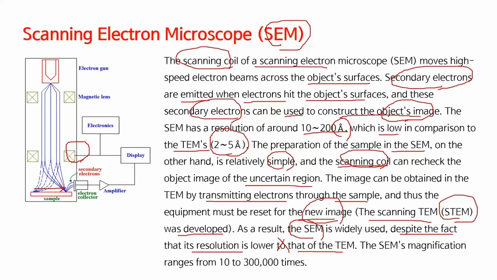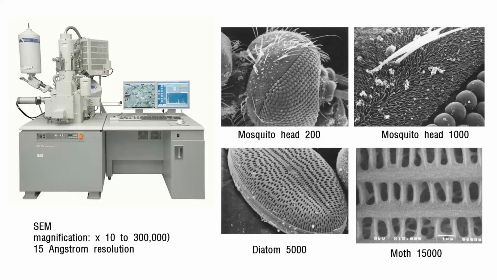The SEM's magnification ranges from 10 to 300,000 times. And inside the tube here, high vacuum should be maintained as in the TEM. This figure shows one example of SEM, and its magnification ranges from 10 to 300,000, and the resolution is 15 angstrom.